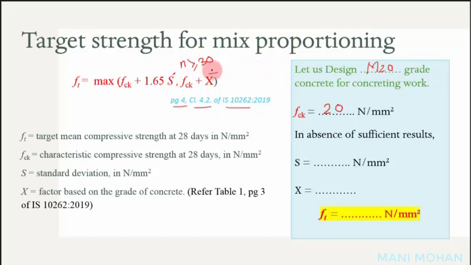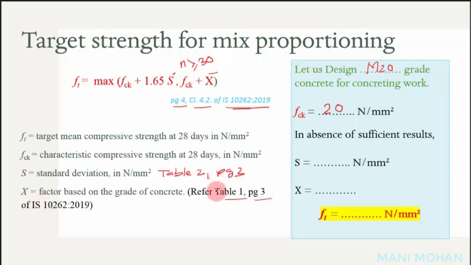Suppose those results are missing, you can go to table number 2, page number 3 of IS 10262-2019 to get the value. For X, you can go to table number 1, page number 3. There you are going to get the value of X.